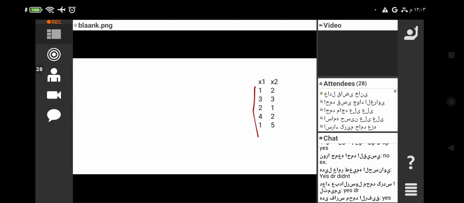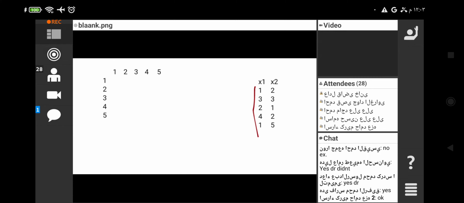So we have 5 clusters, and we have to find the distance between these 5 clusters. Let me write it for you.